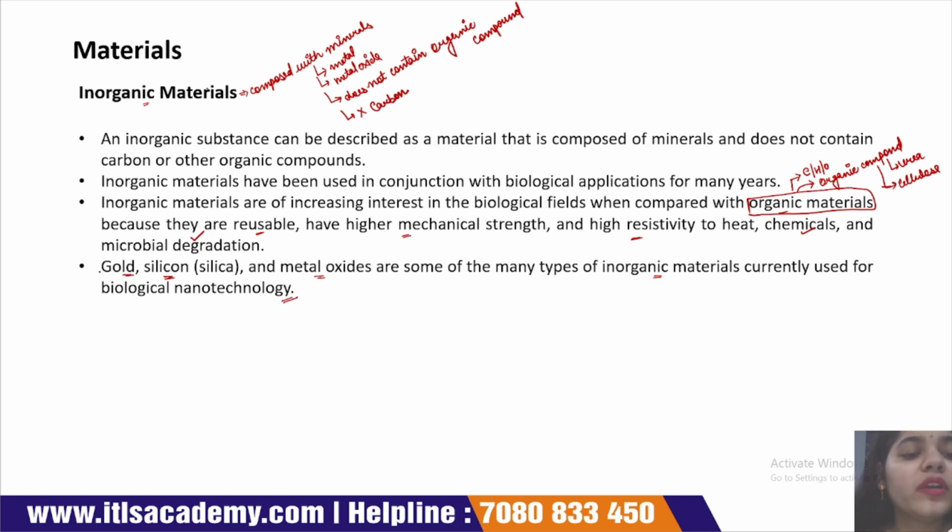These are the inorganic compounds. First is gold, second is silicon and third is metal oxide. All these inorganic materials play a most important role in the field of biological nanotechnology.